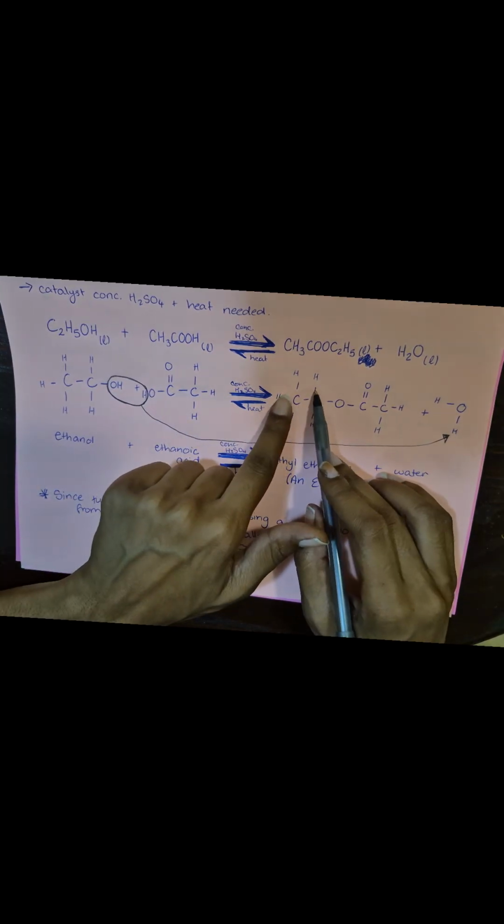And you see what will be in between them is just an O. So it will be the alcohol's alkyl group, an O in between them, and then the carboxylic acid side. And that's how an ester looks. So in between an ester, you'll see a lone O in between carbons.